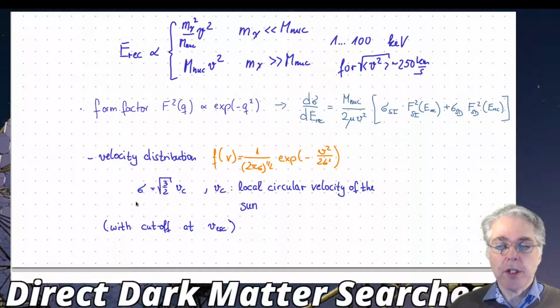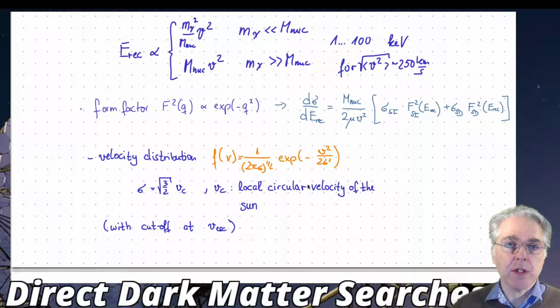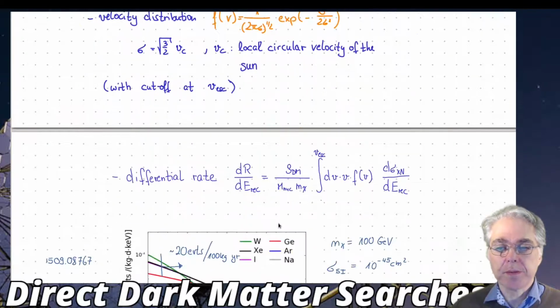The dispersion that goes into this is related to the circular velocity that we observe, that is the circular velocity of the Sun around the galactic center, by a factor of square root 3/2. There is a maximum energy where this distribution is truncated, so it doesn't go to infinity, because once the velocity is beyond the escape velocity, the number of dark matter particles at these velocities will be suppressed because they will gradually escape from the gravitational potential.